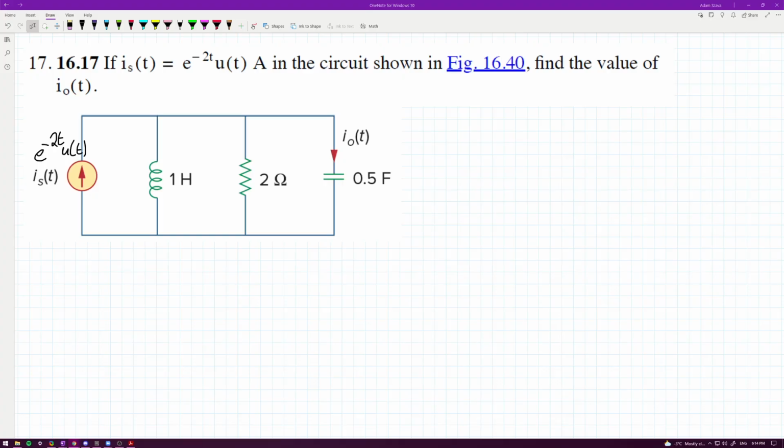Alternatively, I could do something else. Sorry for the last minute change here. Let me check this quickly. Give me one second.